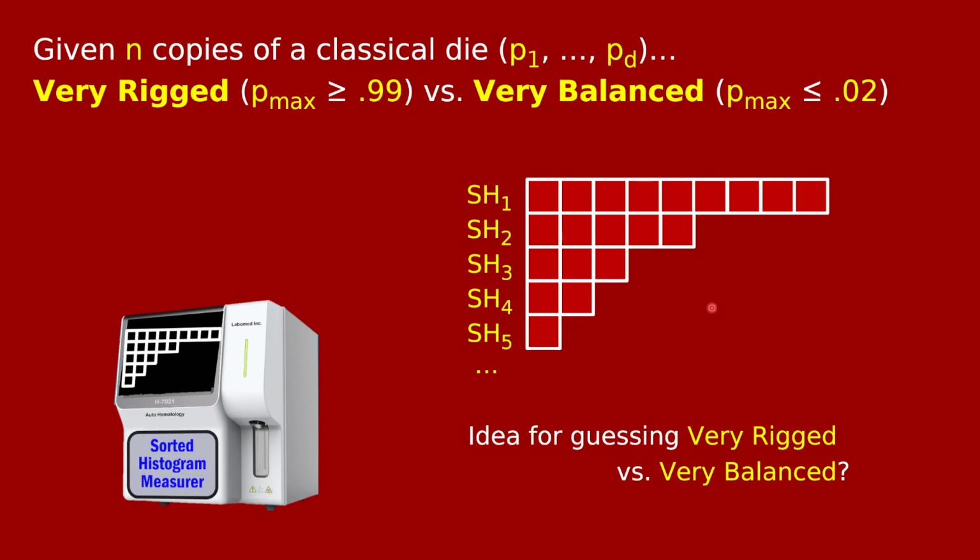With this specific example on the screen, it's not super obvious. I would imagine it's the very balanced die if I had to guess. It's a little weird that this first most common thing came up so many more times than the other ones. But it definitely doesn't look like the counts you'd see from a very rigged die, which would look like one super long row and only a tiny bit of boxes in the other rows.